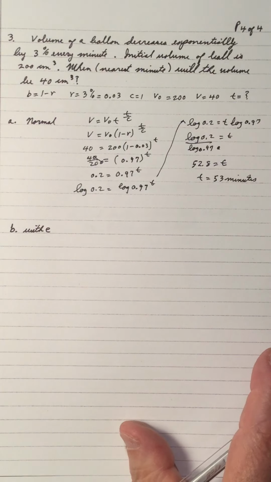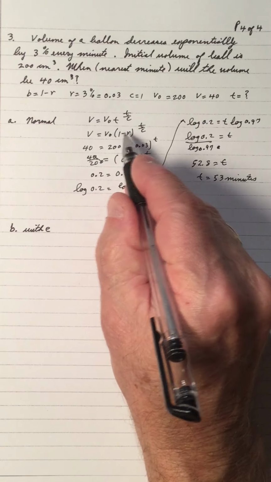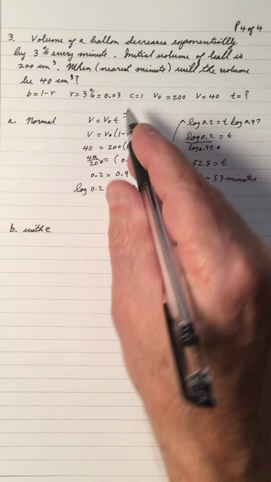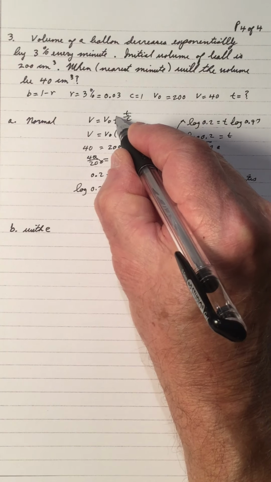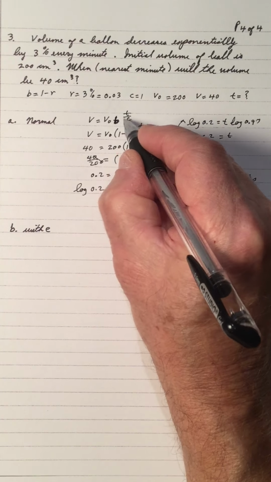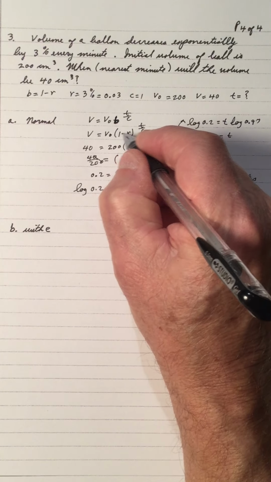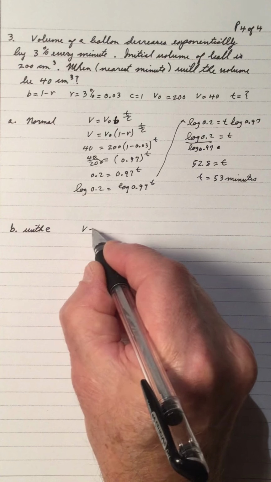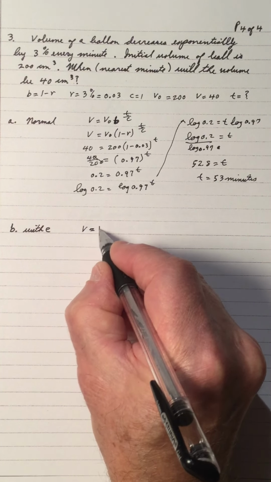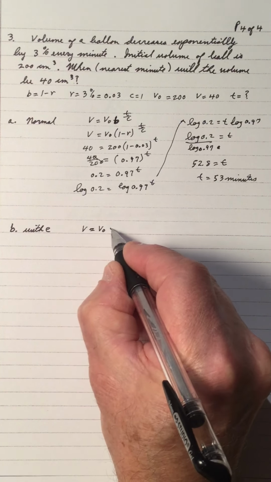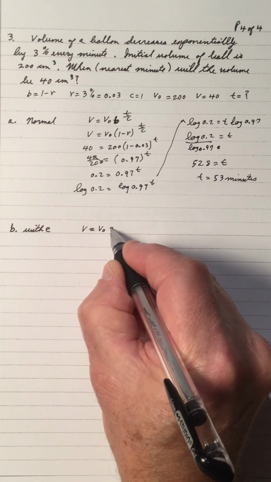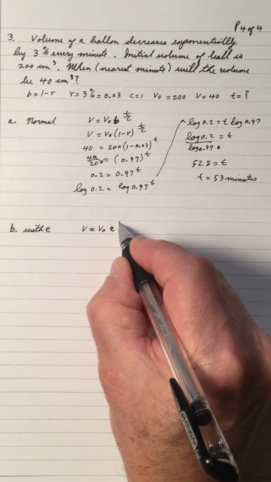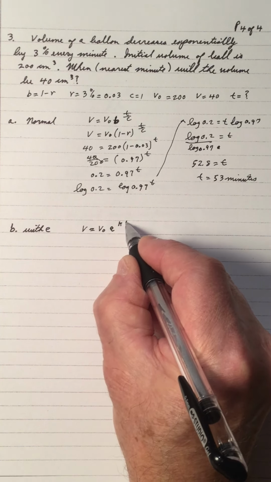Okay, so that's using the equation where the base is 1 minus r. But when we use e, we have V equals V0, the initial, times e to the, again we can use rt or kt.